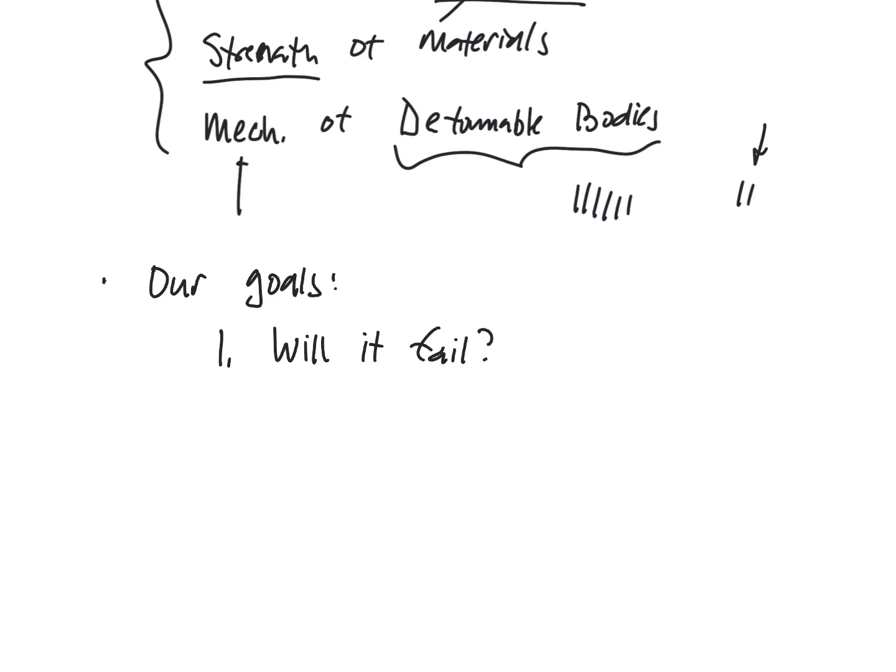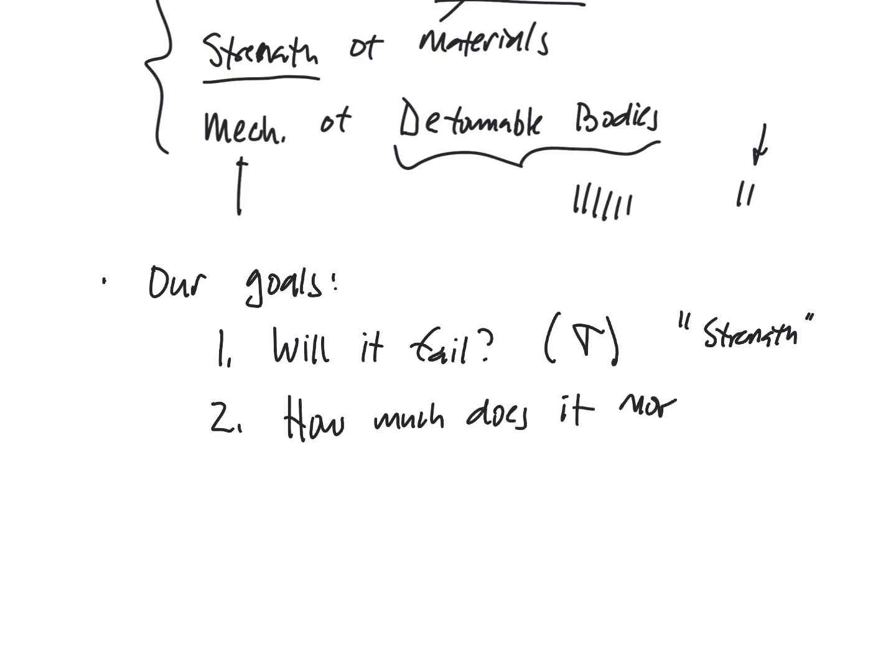So will it fail? And that particular quantity is actually related to stress. So that's what we care about there. And that is actually the question of strength. So we do care about that. How strong is the material? How much stress can it take before it fails? But there's another quantity that we care about, and that is how much does it move?